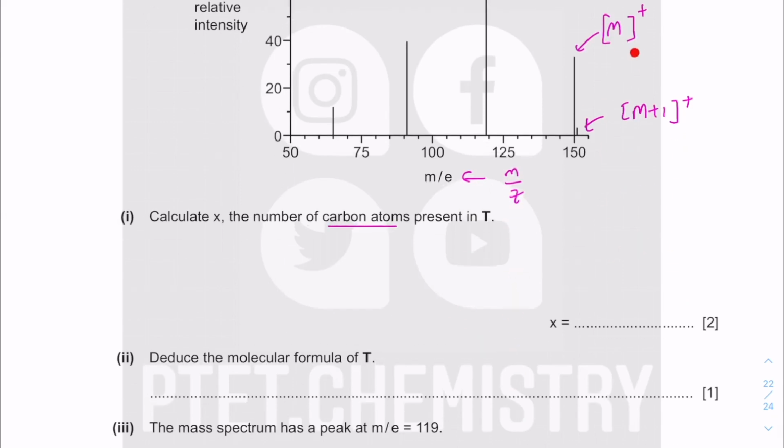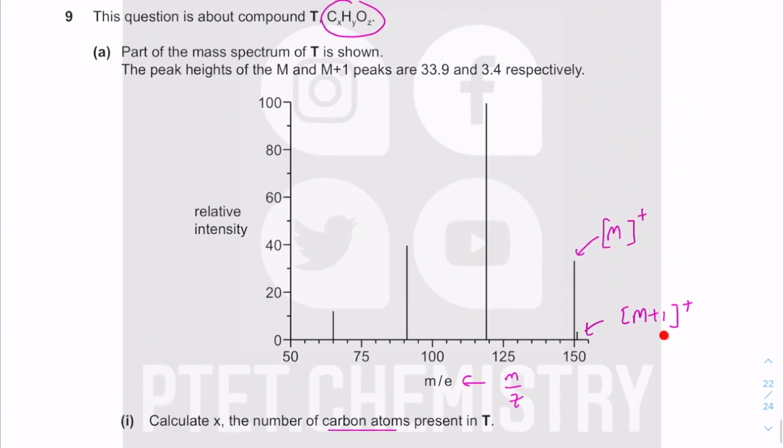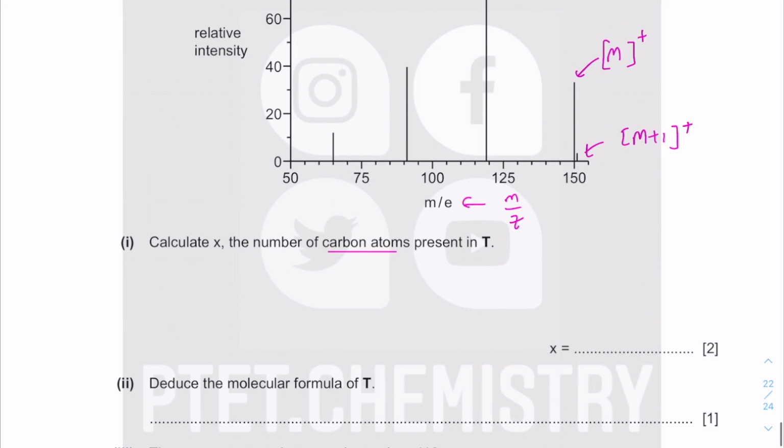The relative intensity of the M and M plus 1 peaks allows you to work out the number of carbon atoms using a formula stated in the syllabus, something you are supposed to know factually.